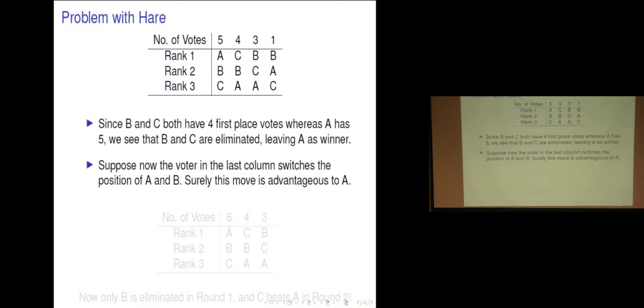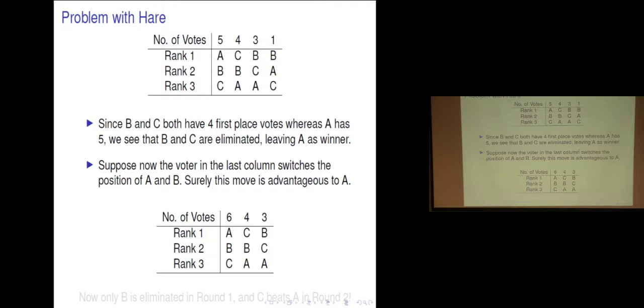Then you would think this move is good for A, because originally A was ranked second, and now he's even ranked number 1. So you think this will help him. But no. If you do this, what do you have? The last one becomes ABC, so it is the same as the first 5.